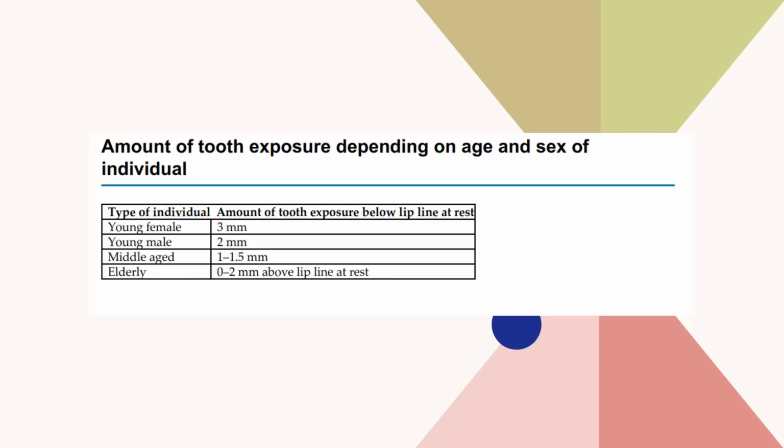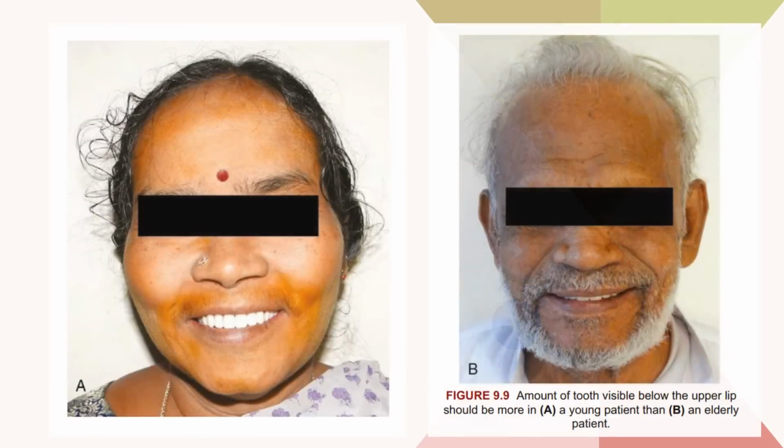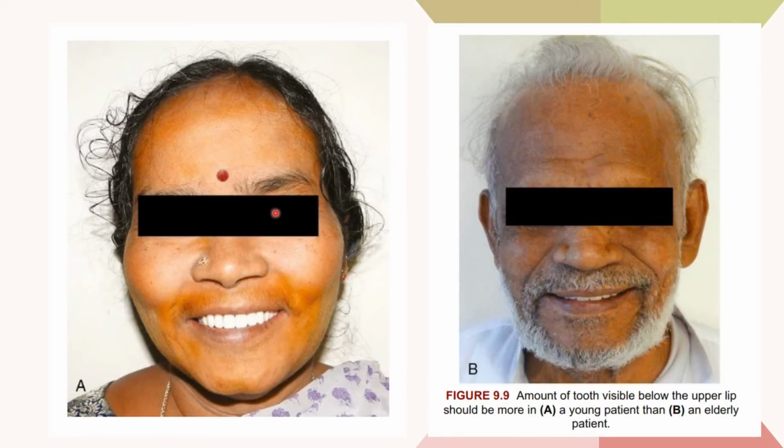In a young female, there is a 3 mm tooth exposure below the lip line at rest. In a young male, there should be 2 mm, middle-aged 1 to 1.5 mm, and elderly 0 to 2 mm above the lip line at rest. So the amount of tooth visible below the upper lip should be more in a young patient than an elderly patient.